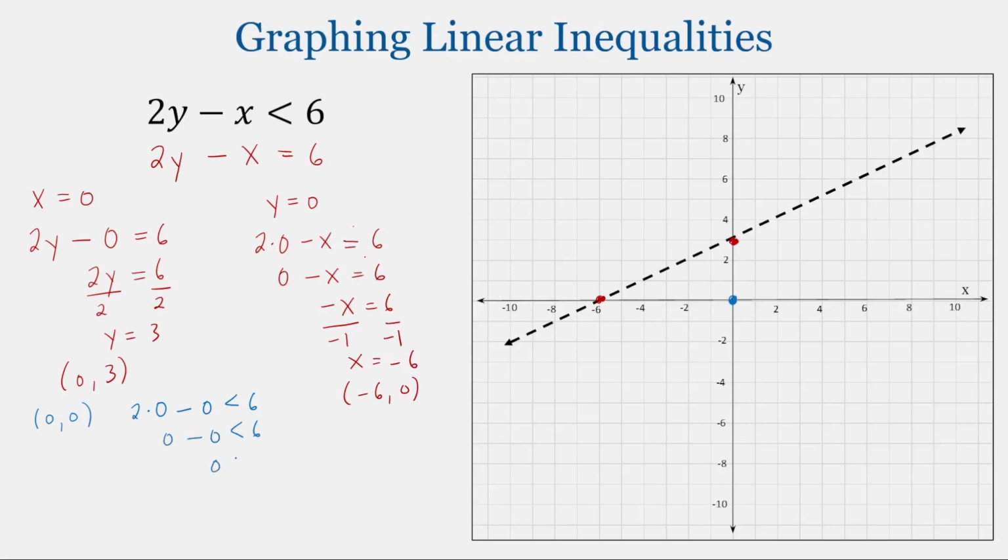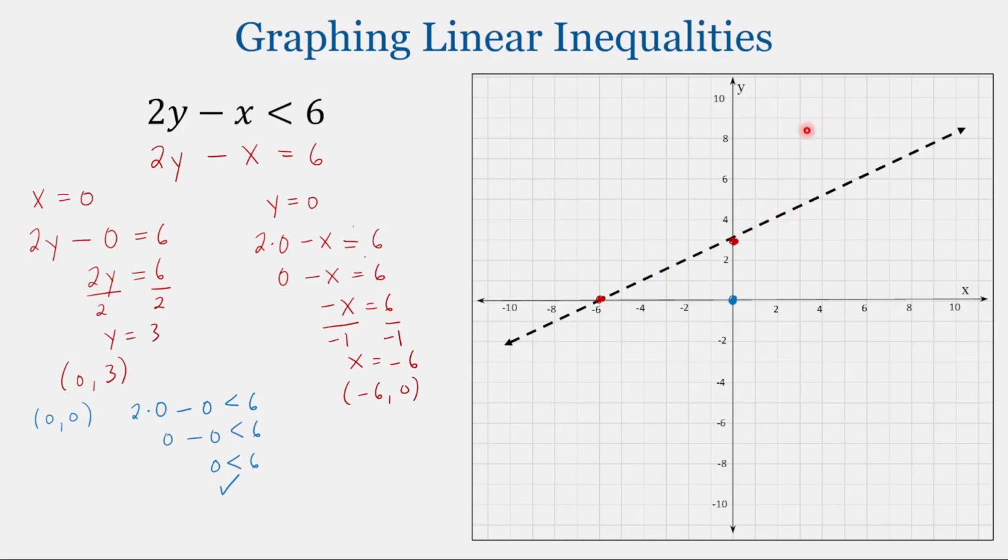This gives us 0 less than 6. That is a true statement. 0 is less than 6. Now this result tells us that we should be shading this section of the graph. But always test a point in both regions. One way of checking your work.